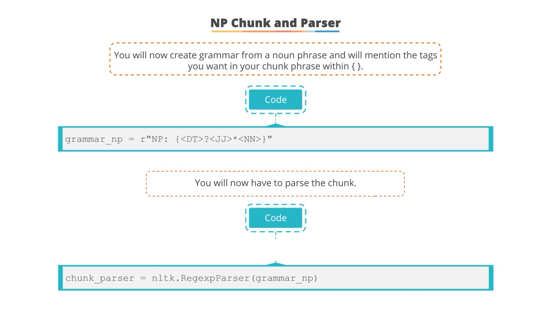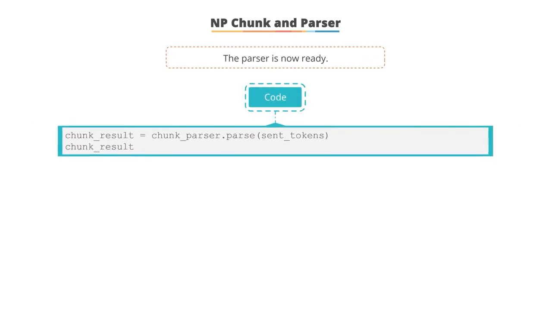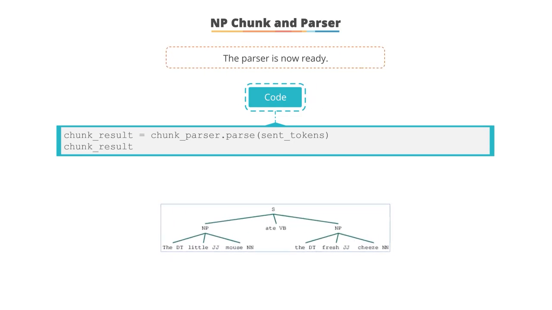Therefore, you will create a chunk parser and pass your noun phrase string to it. The parser is now ready. You will use the parse() function within your chunk parser to parse your sentence. The sentence provided is, "The little mouse ate the fresh cheese." This sentence has been parsed and the tokens that match the regular expressions are chunked together into noun phrases, NP.